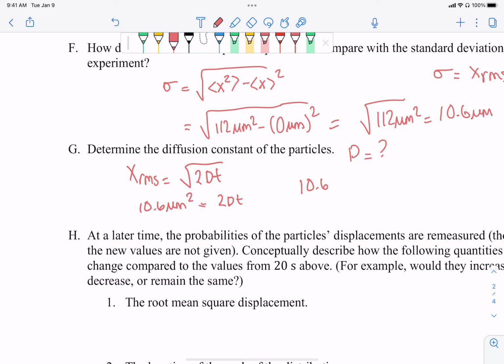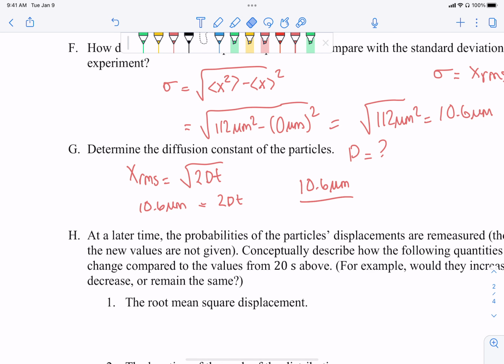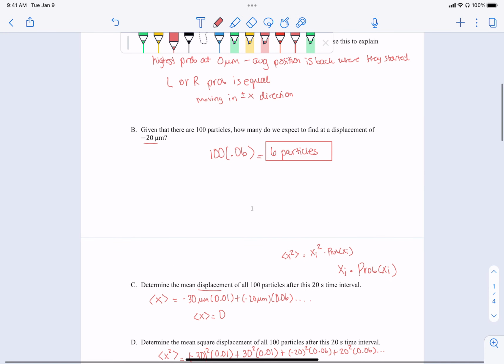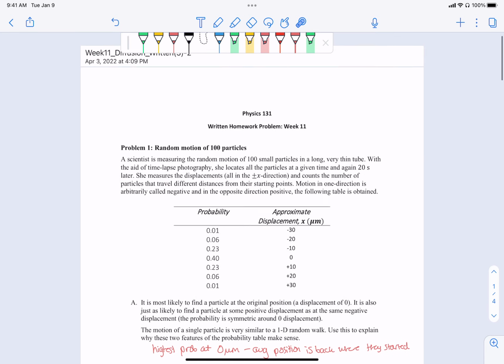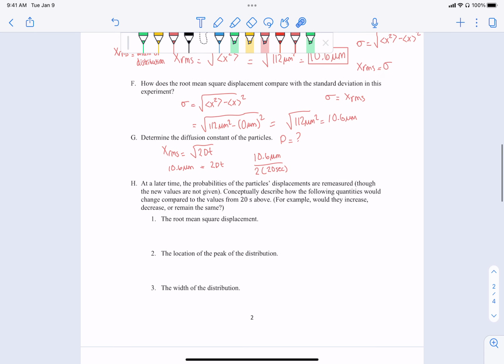Then we divide over 2 times the time, which was 20 seconds. If you remember at the beginning of the problem, they said 20-second time interval, and it was here, 20 seconds later. So that's our time interval.